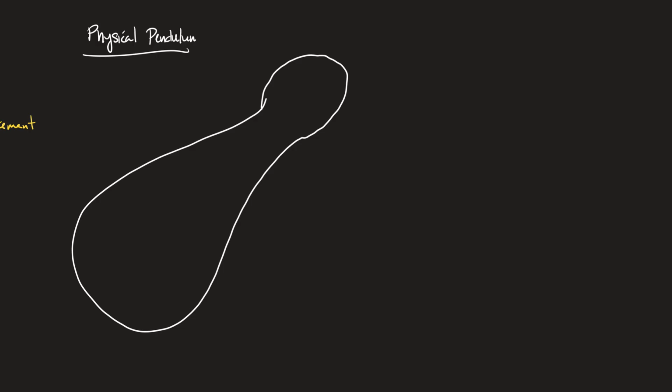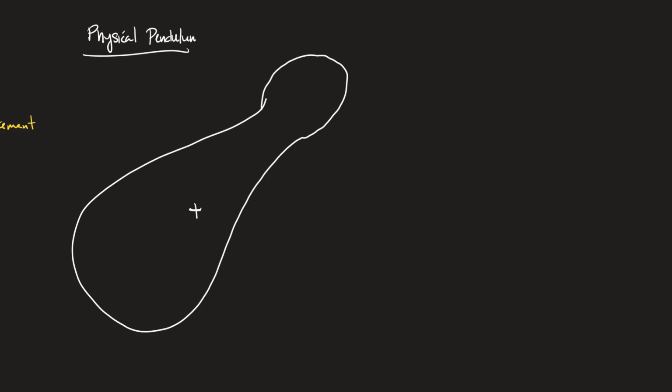Okay. So we'll go with some random shape. Unlike our last one where all the mass is concentrated at the end, this object's going to have a center of mass somewhere. So we're going to say this X marks the center of mass. And if we hold it at the center of mass, it's not going to oscillate, because the mass is uniform all around it.